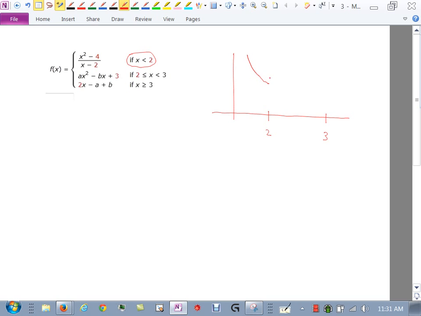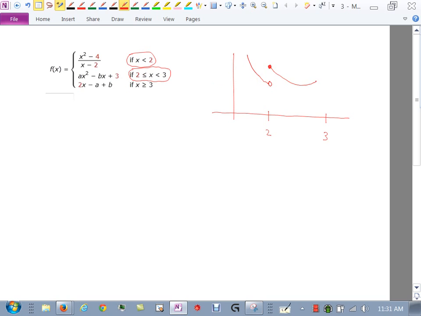And then because there's no equal sign under there, I have a hole when I get to 2. And then between 2 and 3, it's some sort of parabola-looking thing. At 2, because of the equal sign under the inequality, it is defined. So maybe it looks like this.